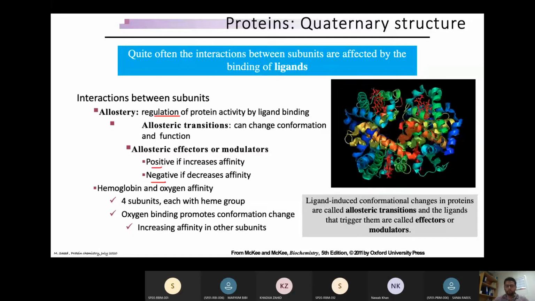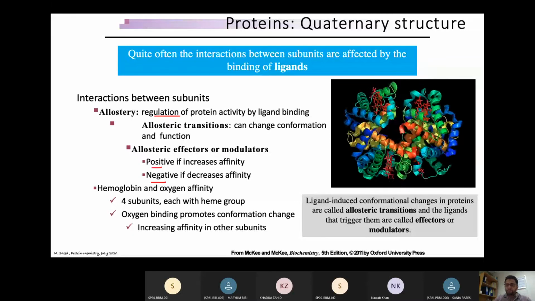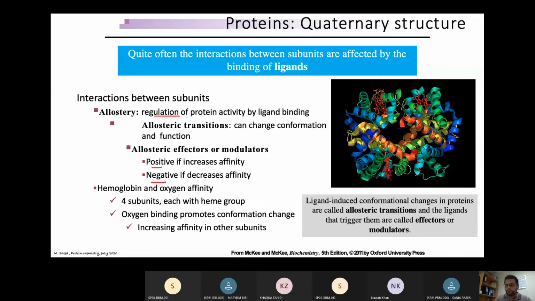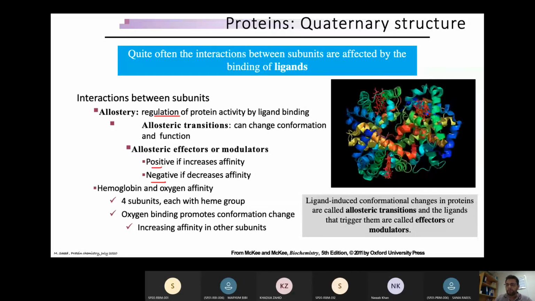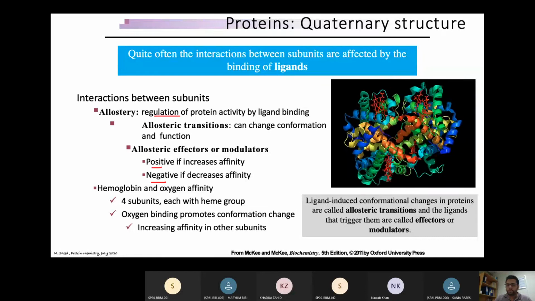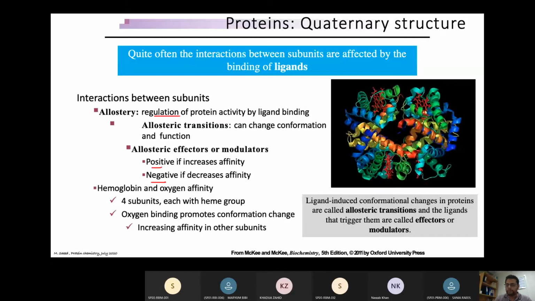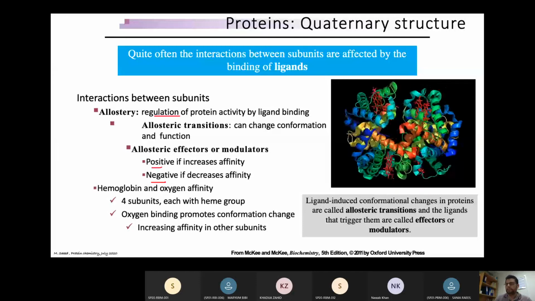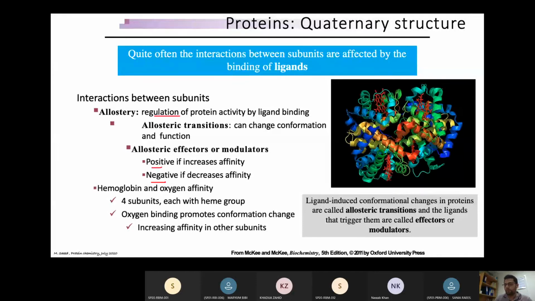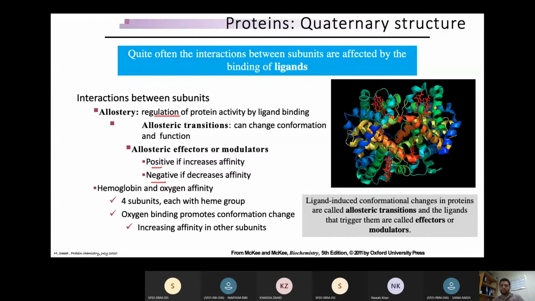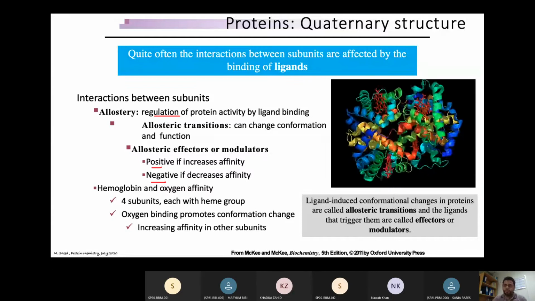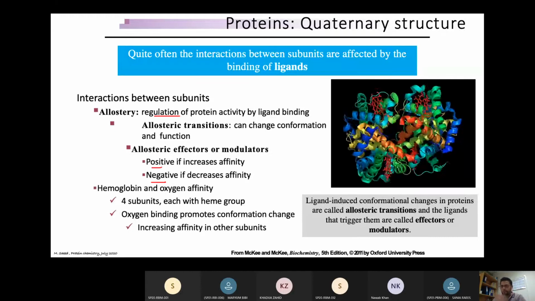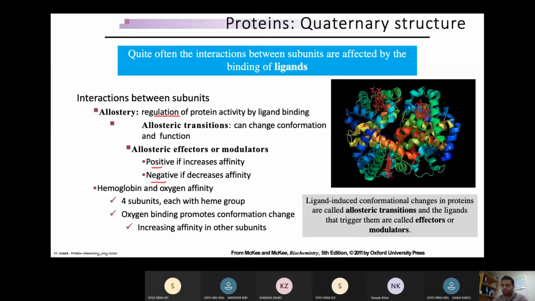So four subunits. If there is a positive cooperativity, that means if one oxygen binds to one of these hemoglobin, in case of positive allostery change, further oxygen binding is enhanced with the rest of the three hemoglobin polypeptide chains. But if it is a negative allostery, then it means if one oxygen is bound, it will stop binding of further oxygen to the hemoglobin chain.